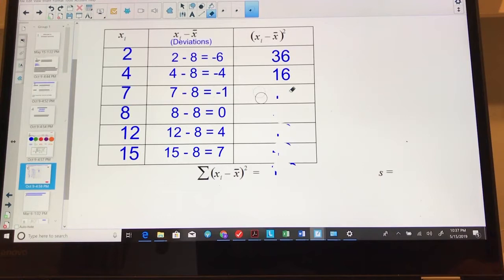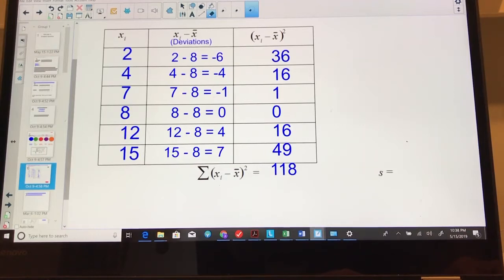So when you square those, you're going to end up with 16, 1, 0, 16, 49. Then what this means right here is take your data value minus the mean, which we've done here, square them, which we've done here, and now we're going to add them all up. So when we do that, we get 118.